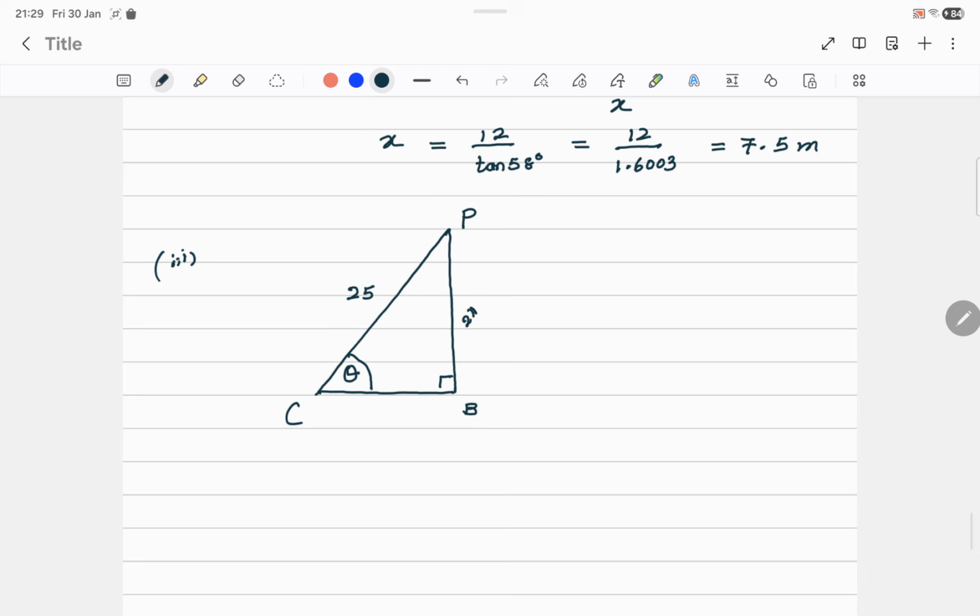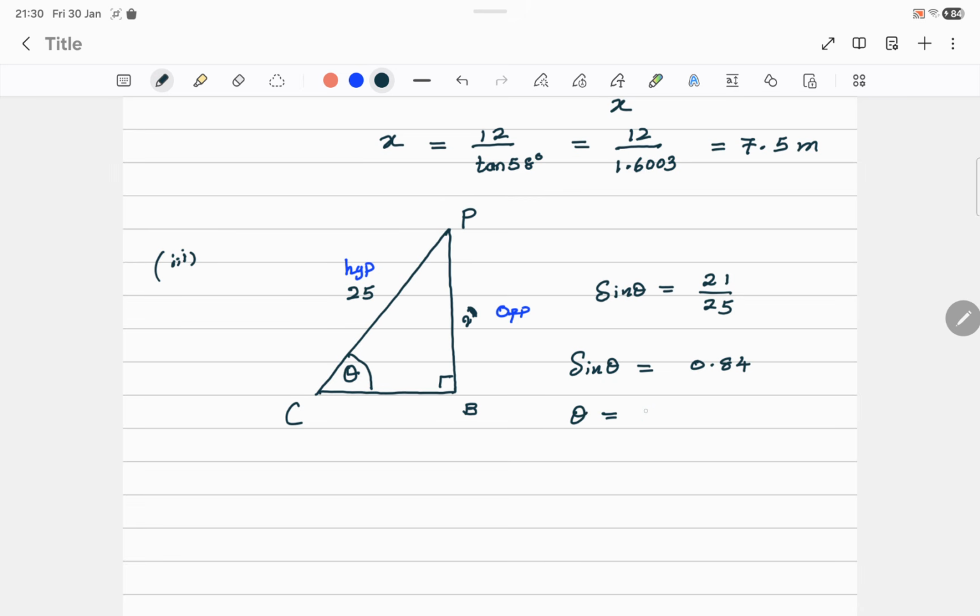PB is 21. So you have the opposite and the hypotenuse. And what connects those two? Sine theta, right? Sine theta is equal to 21 over 25, or sine theta is equal to 0.84.